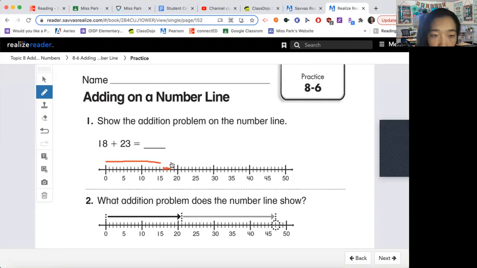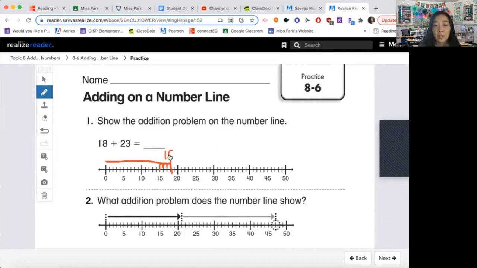I think this is wrong. 16, 17, 18. Oh, yes. So 15 is here, 16, 17, 18. So that's 18. We're going to draw our arrow all the way till we get to 18, which is right here. We know because we counted on from 15.